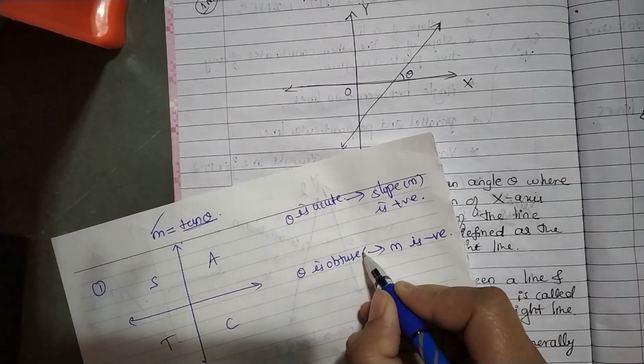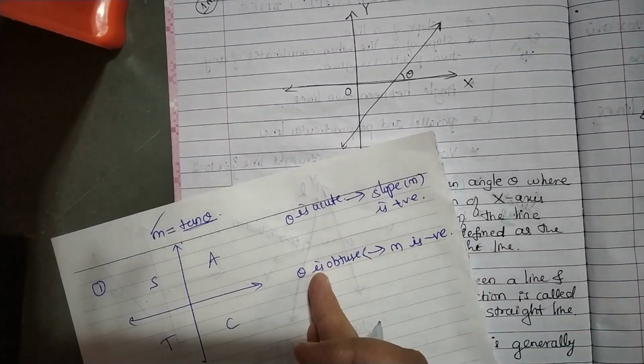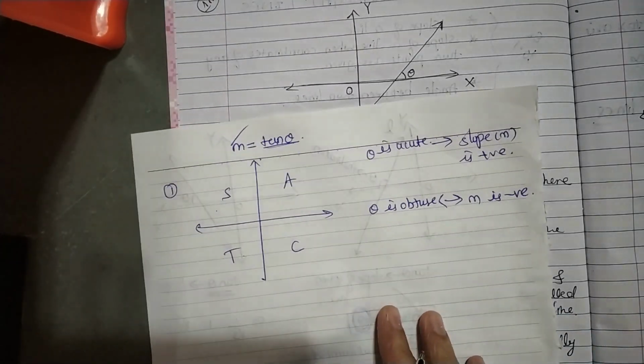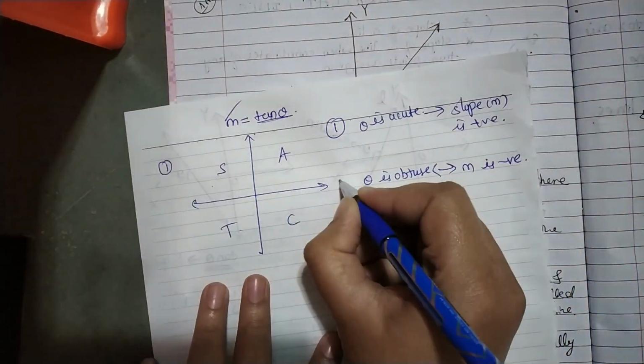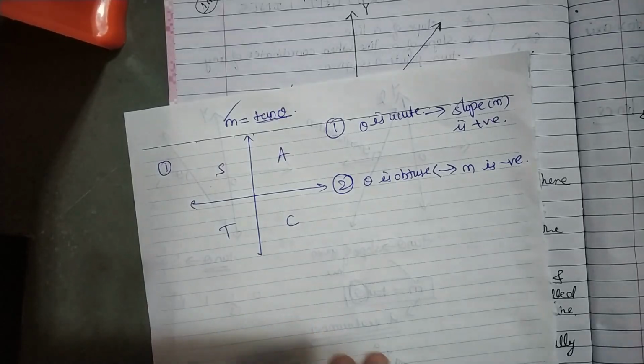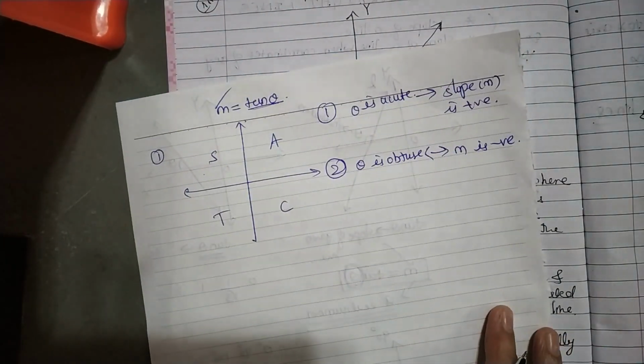Conversely, if m is negative, then it is understood that the given angle is obtuse. So this is the first note: when theta is acute, slope is positive; when theta is obtuse, slope is negative.